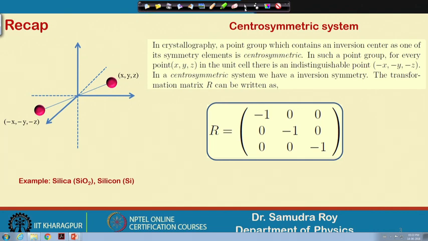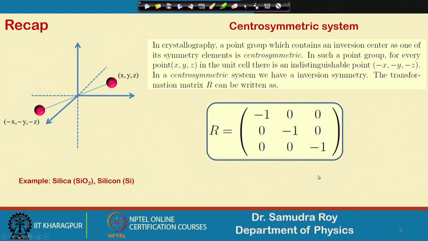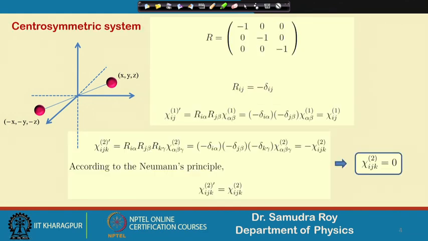Why chi 2 is 0 and why chi 3 is the first higher order effect, we can understand from this simple form, where if a transformation matrix is given to us, then we can readily find, with this transformation, what the coefficient of the original matrix should be. After transformation, the coefficient of that particular component of the matrix can readily be known with this transformation rule.